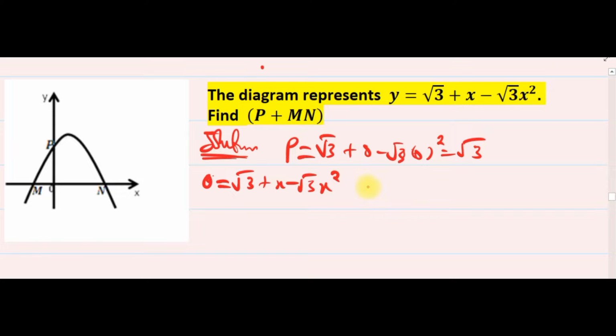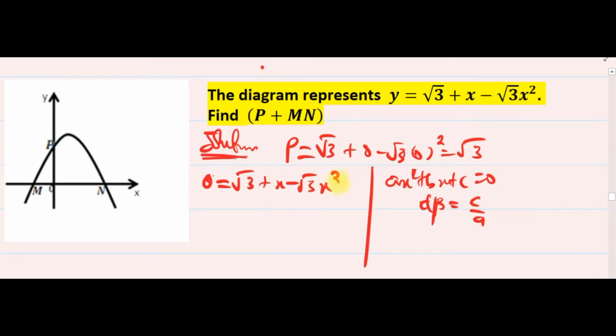From the product of roots, do you remember? In any quadratic equation, if you have ax squared plus bx plus c equal to 0, assuming alpha and beta are the roots, the product of the roots is always c over a.